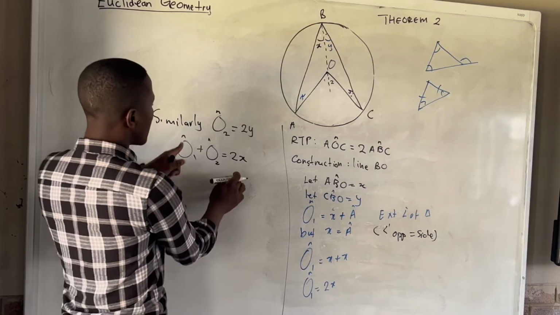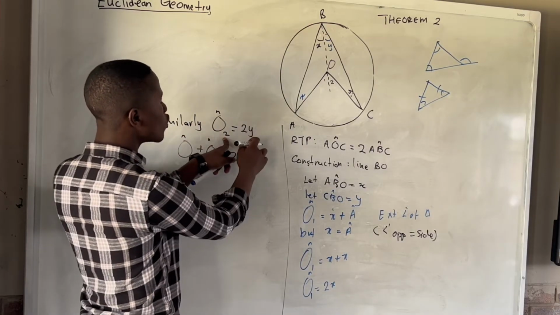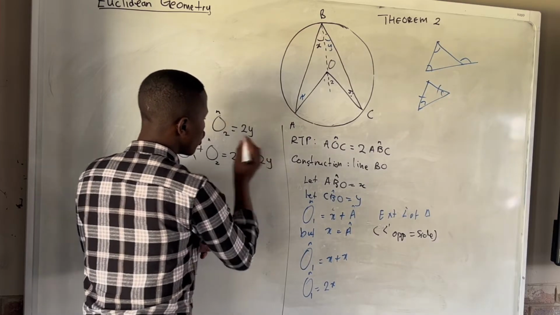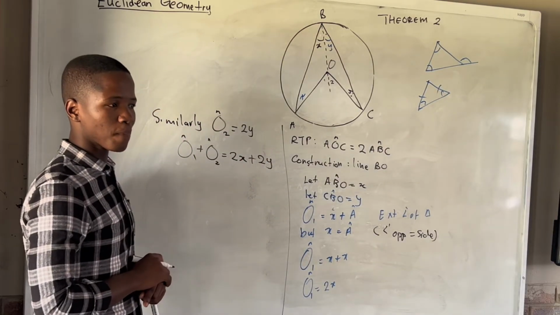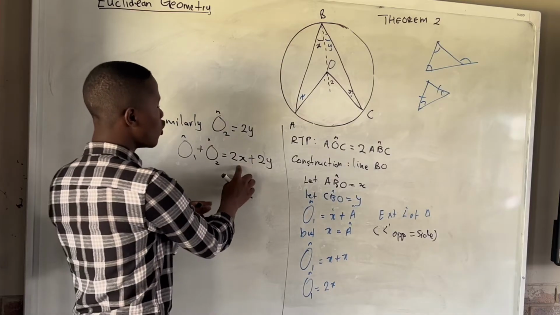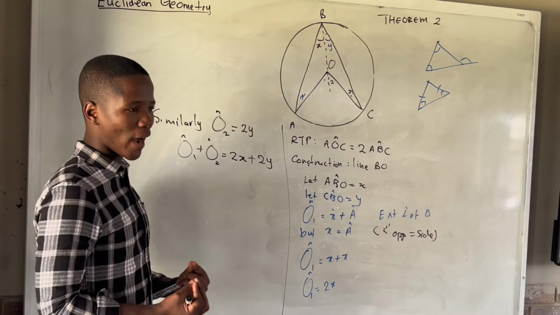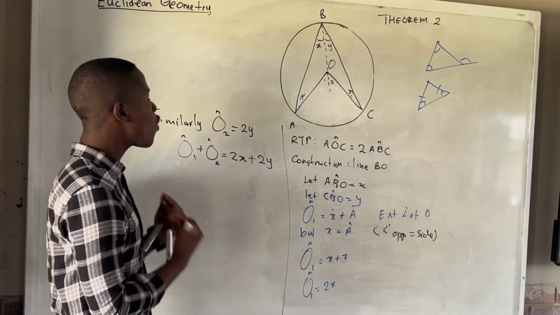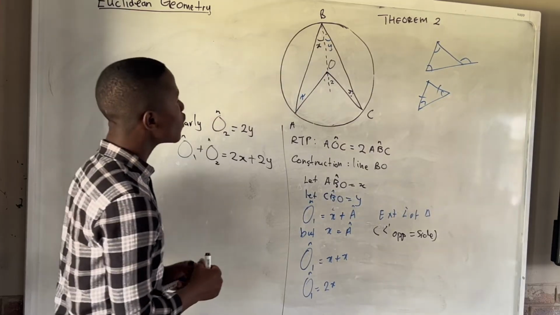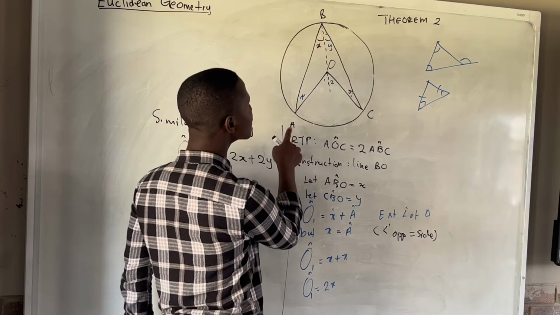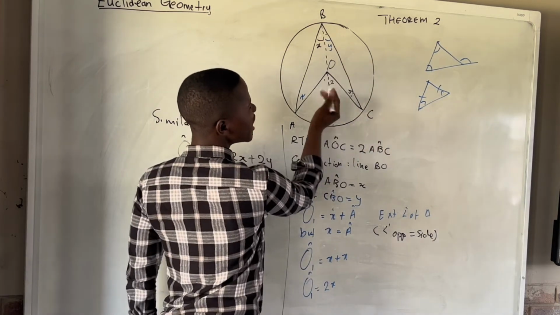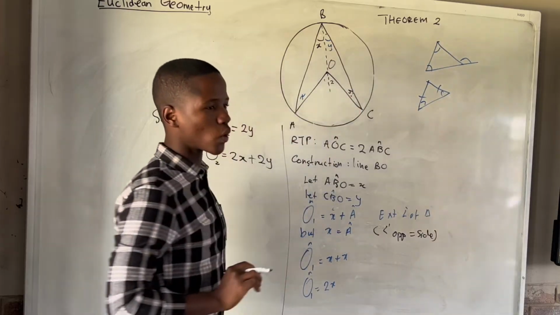Now you said also your angle O2 is equal to 2y. So if you are adding this, this is going to be your 2x plus your 2y. But now, if you look at what is actually your angle O1 plus your angle O2, you can make reference that actually this is AOC, because AOC is made up of angle O1 and also angle O2.